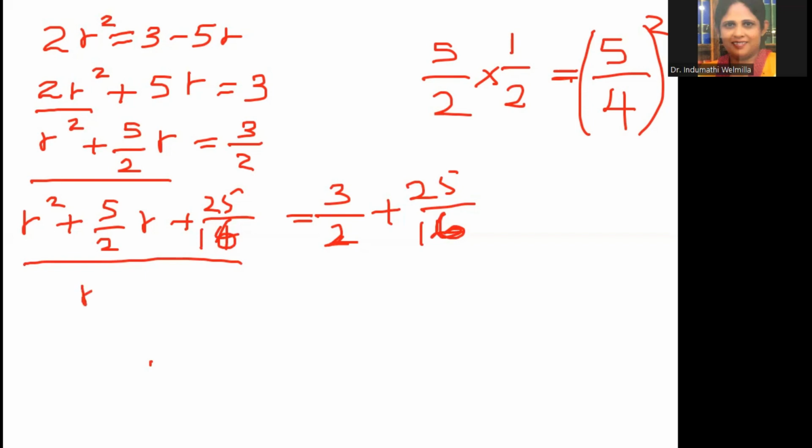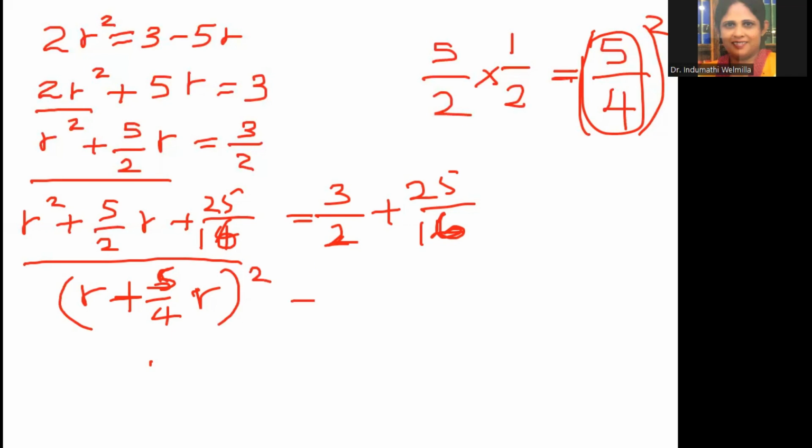Here we need to get r with the same sign and half of the middle term. Remember, half of the middle term means 5 over 4. So r plus 5 over 4, and we need to put squared.